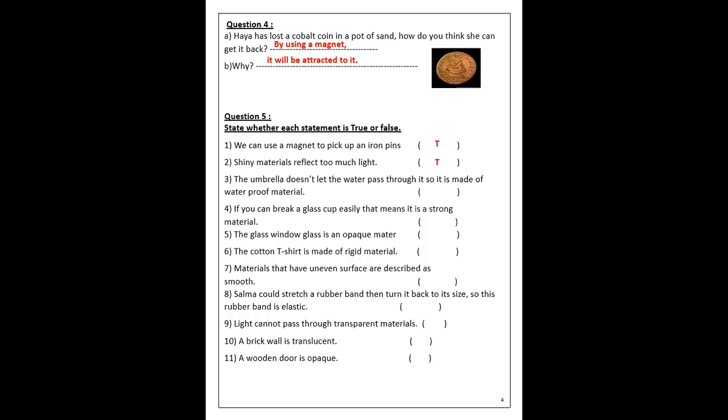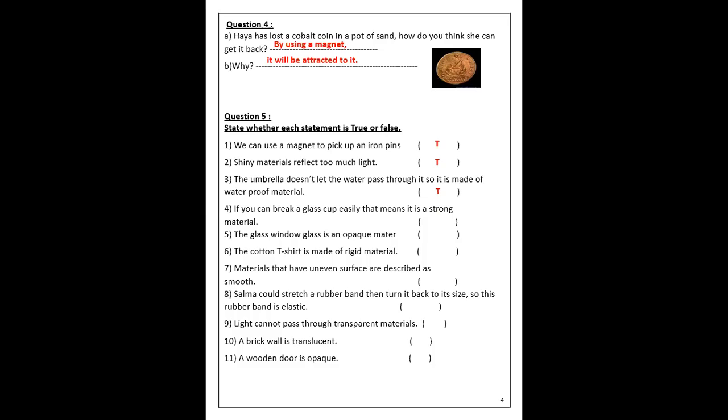For example, the sponge, we wash the kitchen utensils with it. It absorbs the water and lets this water pass through it so we can wash the things, right? Okay. So here it says the umbrella is made of waterproof material that does not let the water pass through. Is it correct?